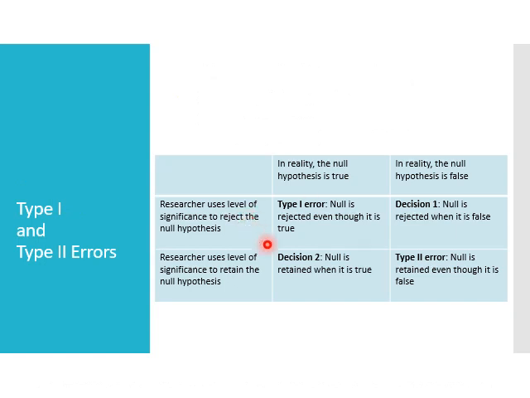When we run the hypothesis test and look at the p-value from the test, this is what the researchers have to determine. If the hypothesis is supported, what that means is that the relationship exists or the difference exists.